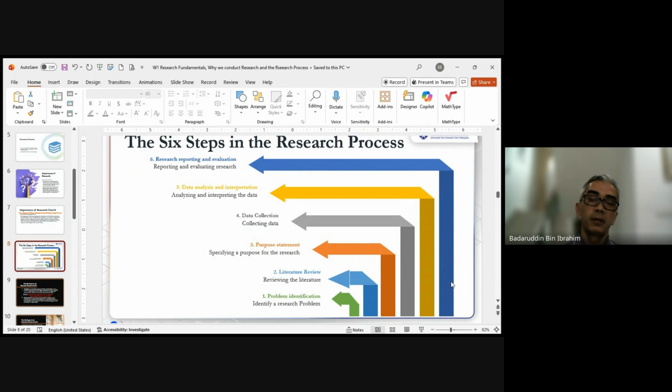What I mean by significant is relevant to the context, relevant to the population of your studies, relevant to the current scenario. I mentioned earlier, context.